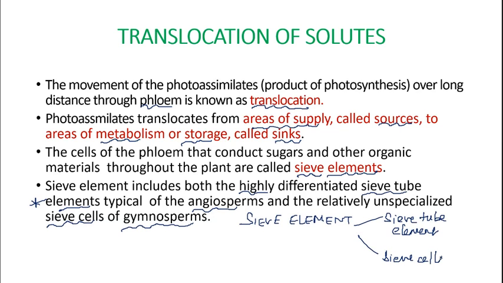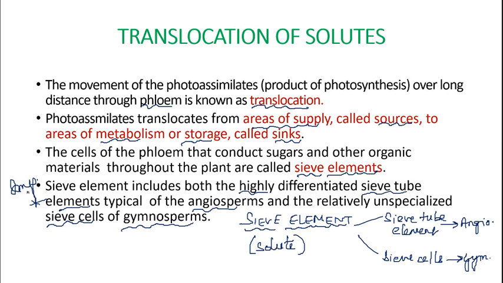Sieve tube elements are typical of which plants? Angiosperms. Sieve cells are typical of which plants? Gymnosperms. And these sieve elements transport what? They transport solute. Remember that. This is very important. Questions come based on this.